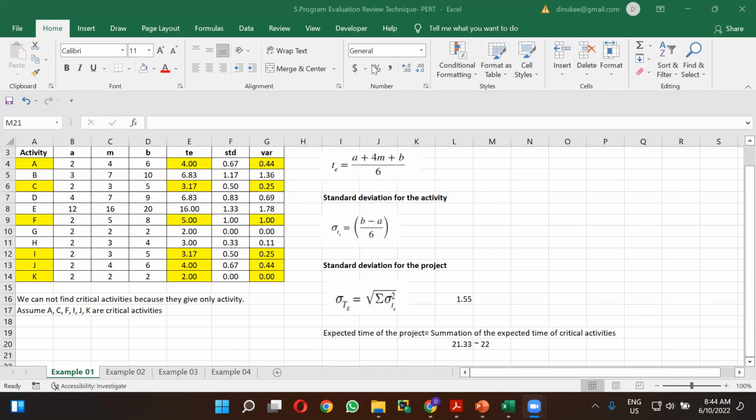In the exam paper, I will not give the critical activities. I will ask you to draw the project network, and then you can identify the critical activities. So Rukshika, did you get the answer for your question? Right. So we will move to example number 2.